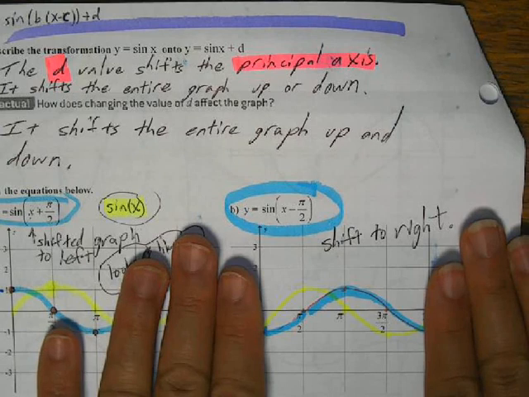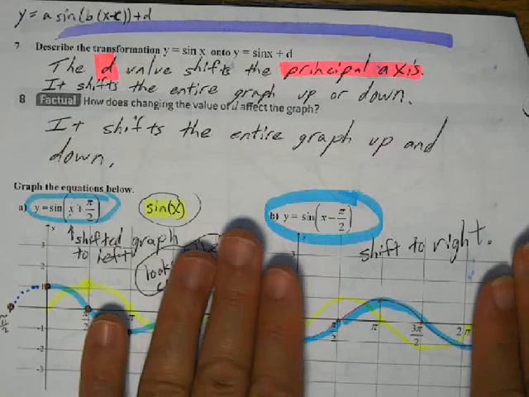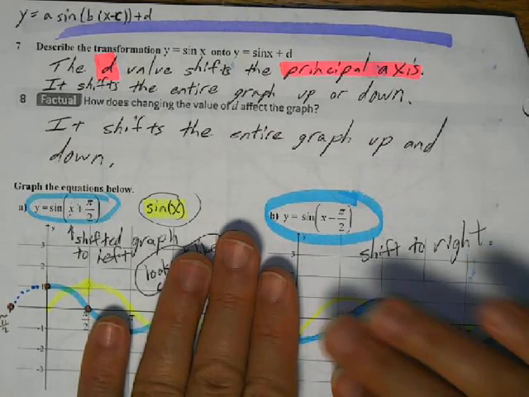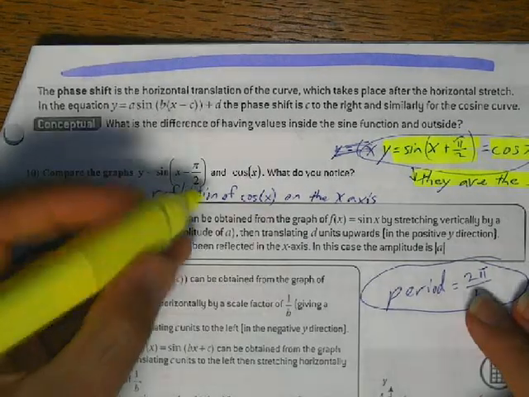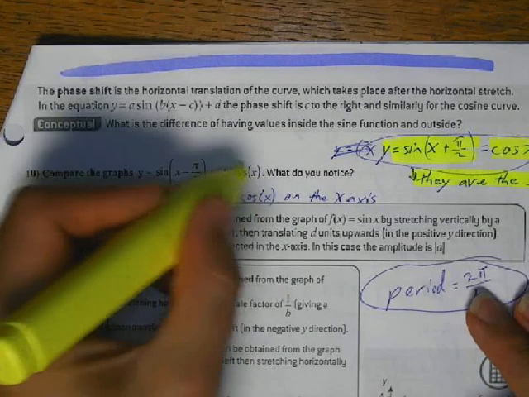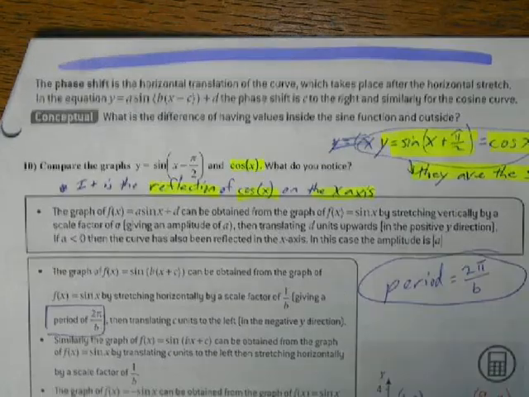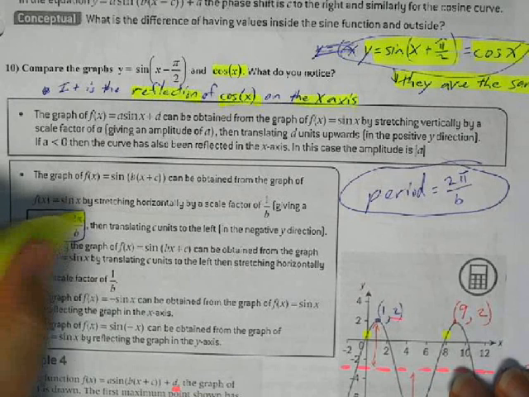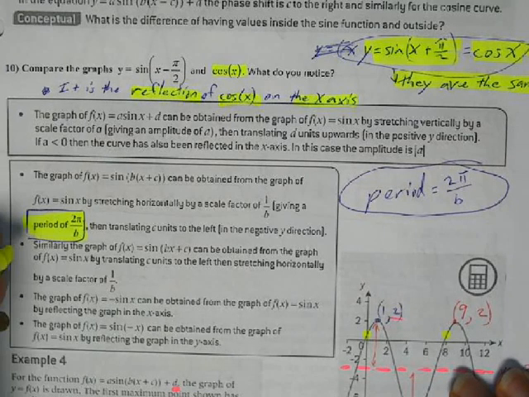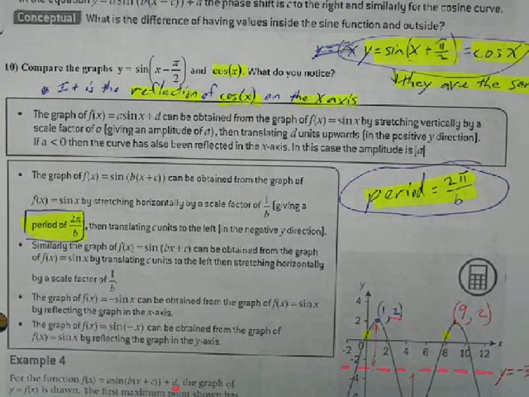We know cosine looks like this, but this is a cosine graph that is reflected on the x-axis. Okay, so we've realized that period can be found by 2 pi over b, and the principal axis and some of these other ones are a little bit easier.